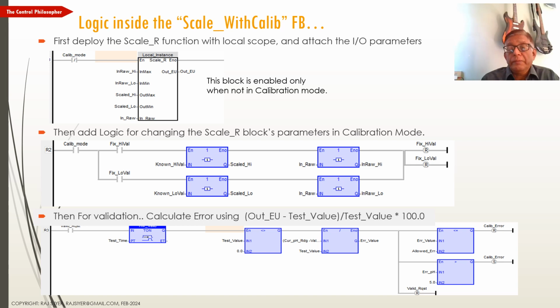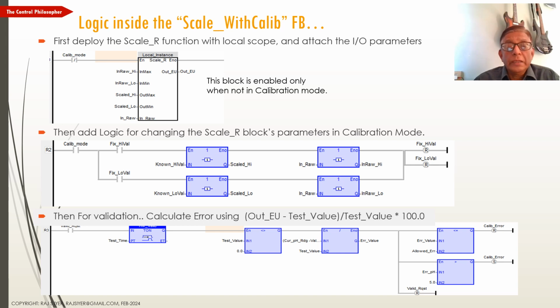That is, when we are calibrating the high point, we save the scaled high value as well as the raw counts corresponding to that particular calibration point. And so also we fix the low value of the scaled and corresponding raw signal at that time.